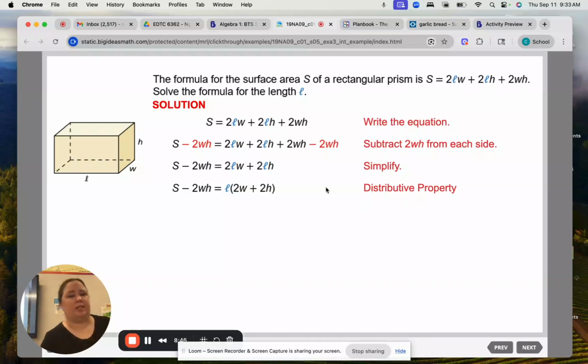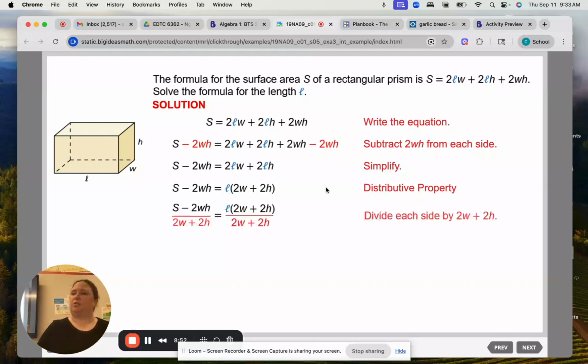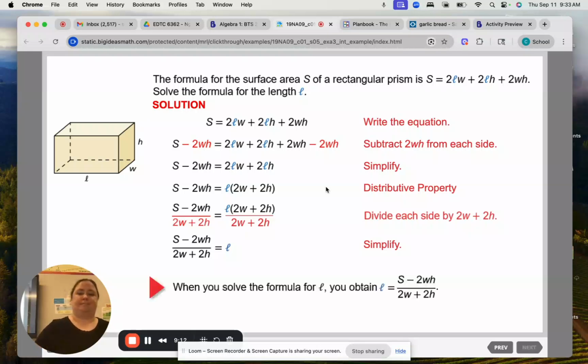We divide. So divide 2W plus 2H from both sides. So that gets L by itself. L equals S minus 2WH over 2W plus 2H. Yep, we're just rearranging the alphabet. No big deal.